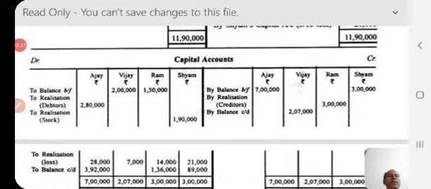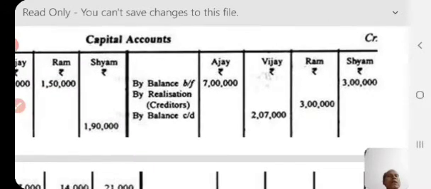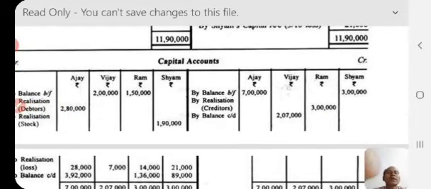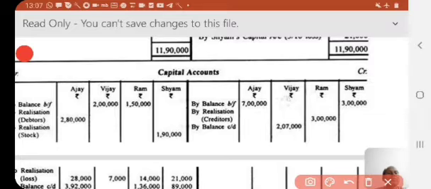See capital account. Balances, credit balances, 2 partners have the credit balances and 2 partners have the debit balance. We should understand very clear that Ajay credit balance of 7 lakhs. Sham credit balance of 3 lakhs. See Vijay 2 lakhs debit balance.